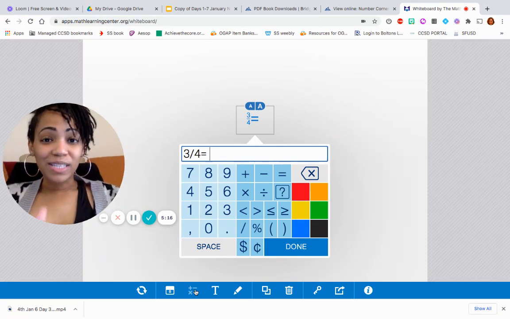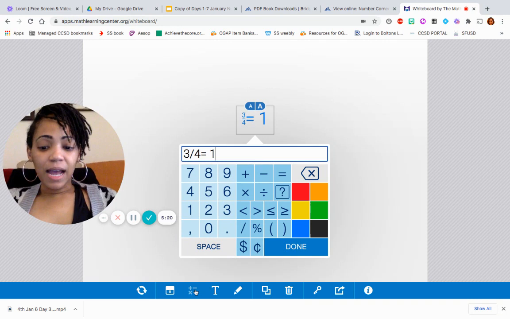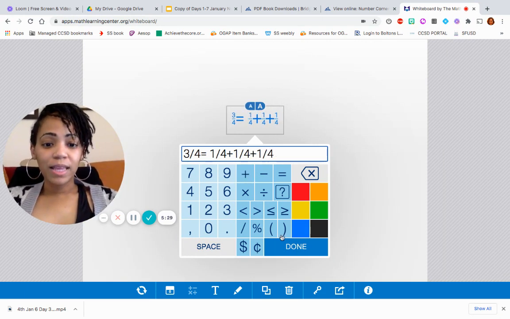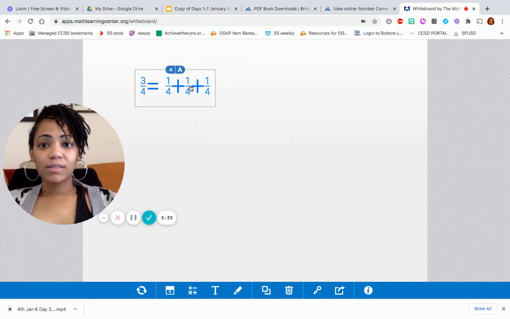So 3/4, we say that a quarter is 1/4 of a dollar. That means I have 1/4 plus another 1/4 plus another 1/4, and that's going to give me a total of 3/4. Y'all see that?